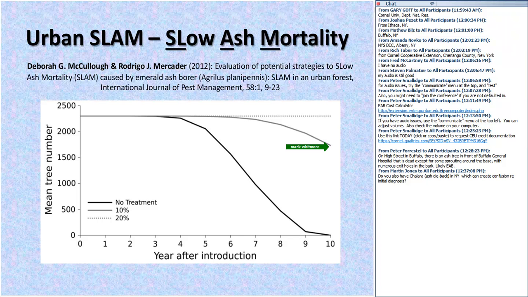The really interesting thing is if you treat 20% of your trees, you get hardly any mortality at all. Now this is a model. There are assumptions that are made. I've had discussions with Deb about this. It's based on a lot of good biology, and this is to get you thinking.